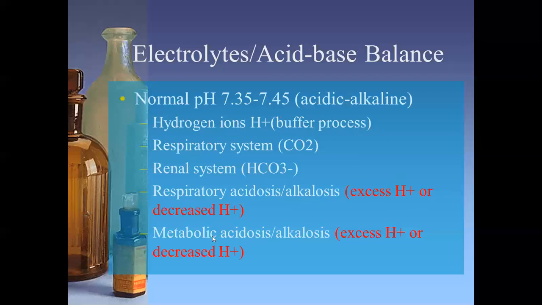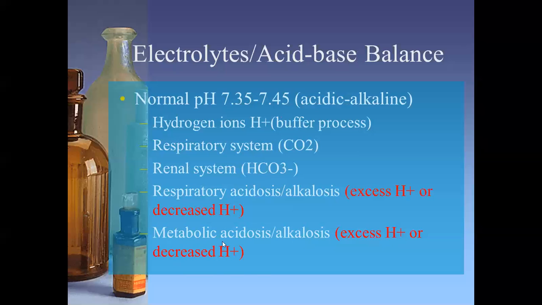When you have metabolic acidosis and alkalosis, what does that mean? You have excess, well, this shouldn't say hydrogen, it's supposed to say HCO3. So excess HCO3, so that's excess bicarb or decreased bicarb, okay? So just keep that in mind.